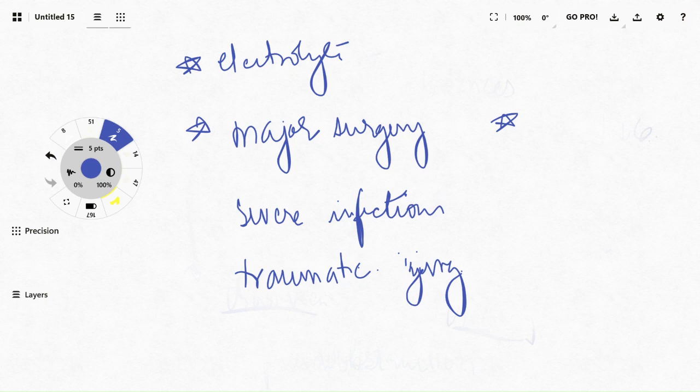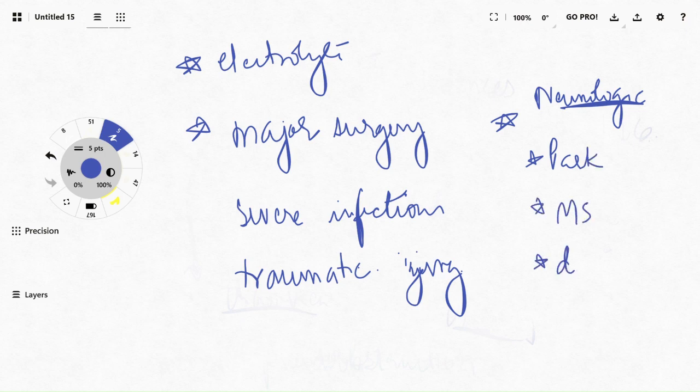And then if you think about neurologic causes, right? So you want to be thinking Parkinson's, right? You want to be thinking multiple sclerosis, dementia, stroke. Okay, these can all affect the normal colonic motor function.